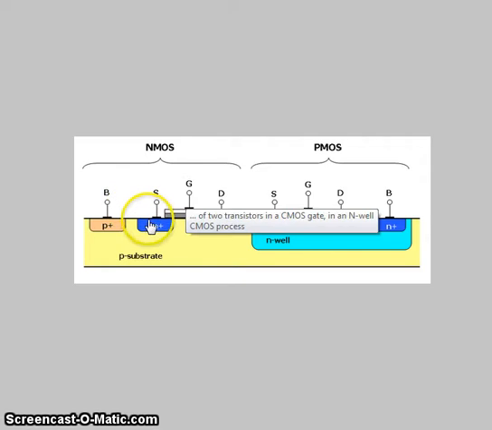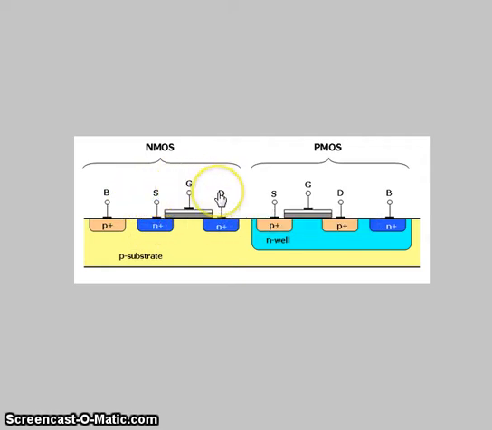And as we see, there are going to be three terminals to consider for each of these devices: the source, the gate, and the drain. And for the other transistor, again, a source, a gate, and a drain.